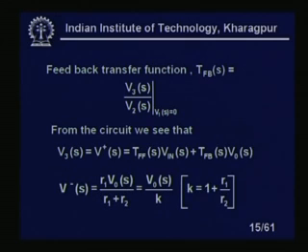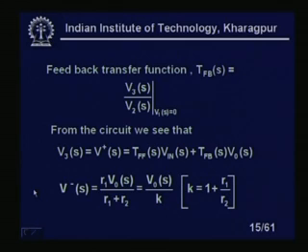From the circuit, we can write V+(S), the positive input of the op amp, equals TFF(S) multiplied by input Vin(S) plus feedback transfer function TFB(S) into V0(S).